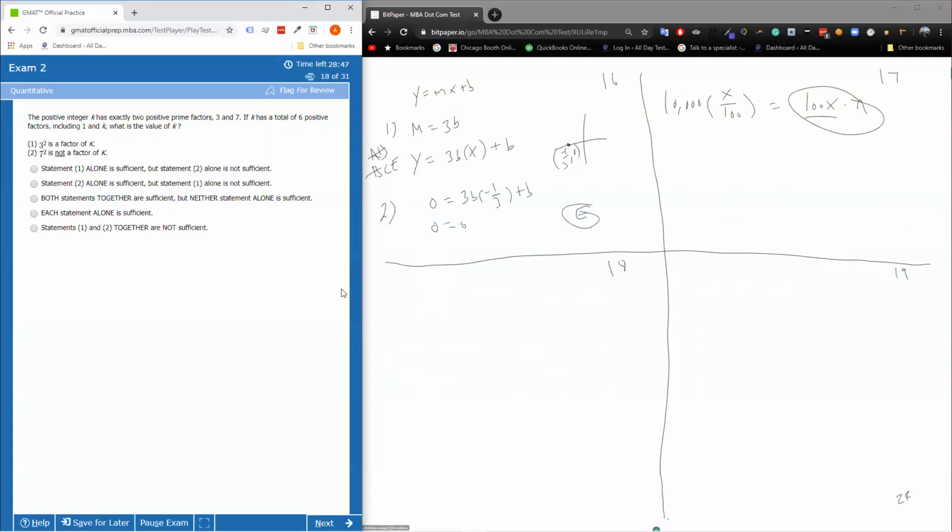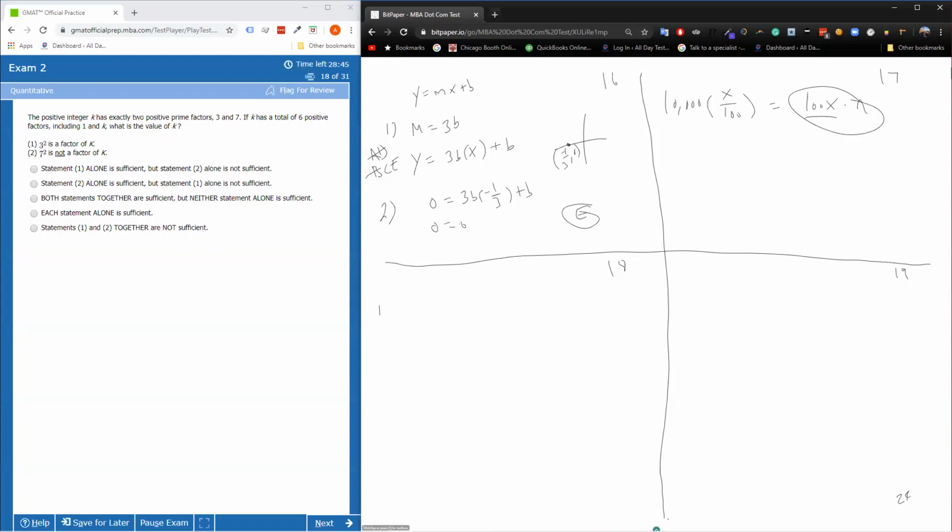3 squared is not a factor of k. Okay, so we have 1, 3, we have 1, 7. We don't have any more 3s, so that means everything else has got to be a 7. So our factors here: 1, 3, 21, 49.